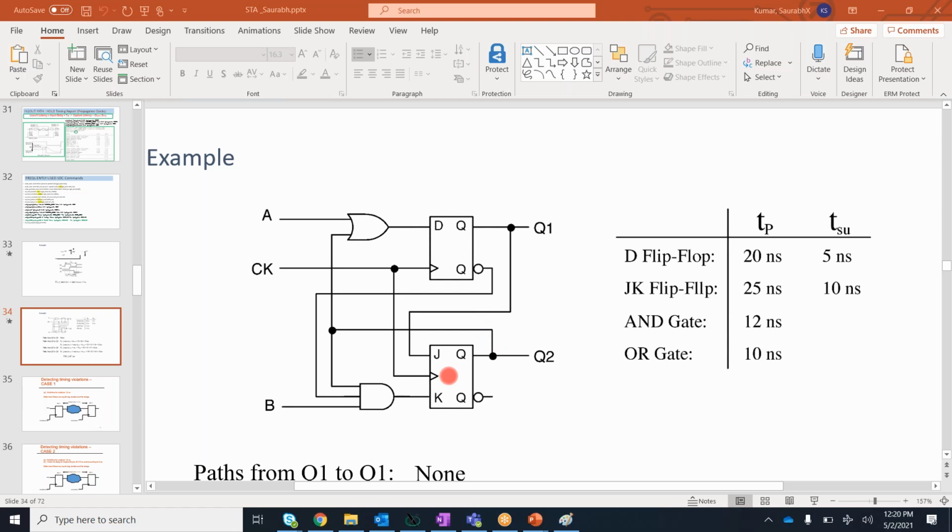Can anyone say how many raise to raise paths we have? 4.